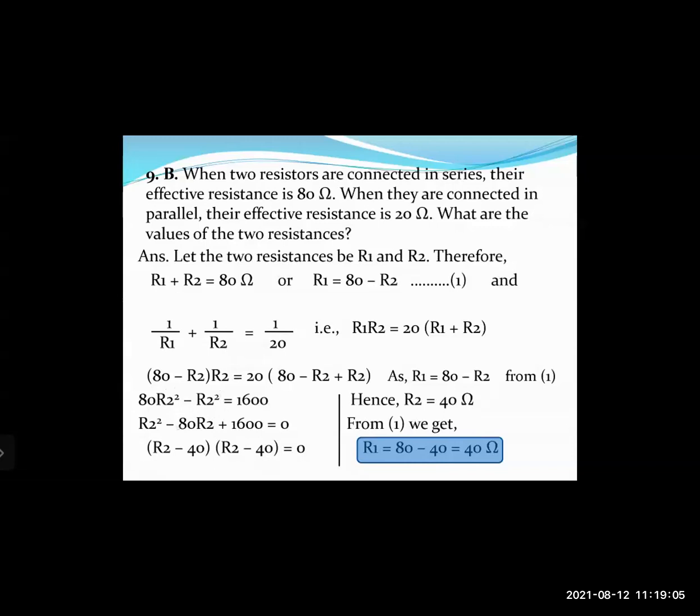So R2 square minus 80 R2 plus 1600 equal to 0. This simplifies as R2 minus 40 into R2 minus 40 equal to 0. So R2 equals 40 ohms. If you substitute that value of R2 equal to 40 ohms in equation 1, we get the value of R1 also 40 ohms.